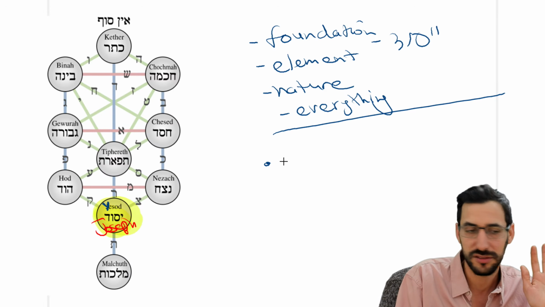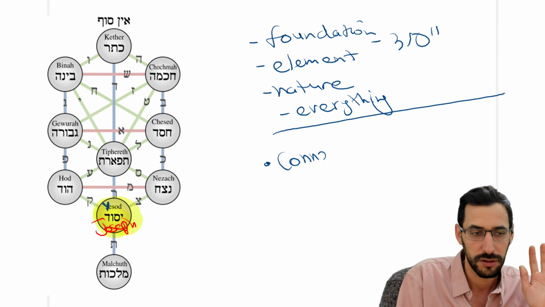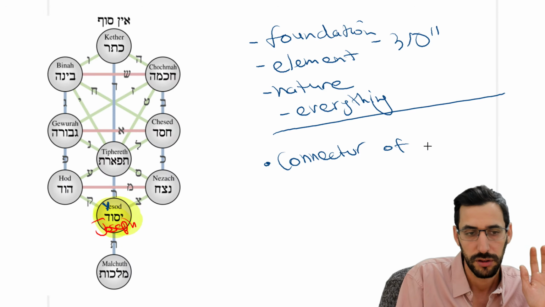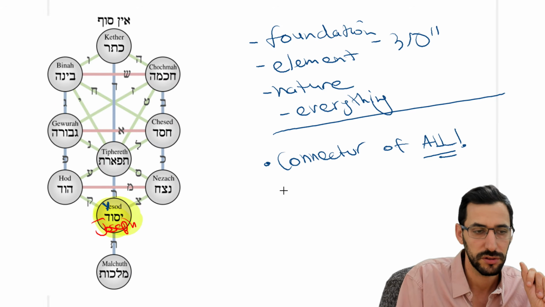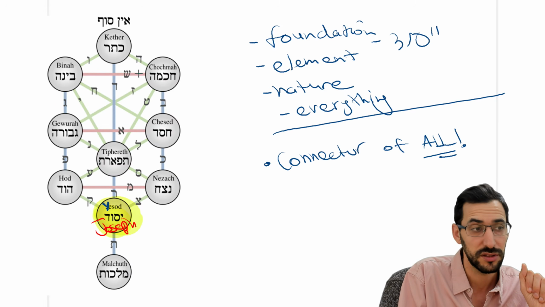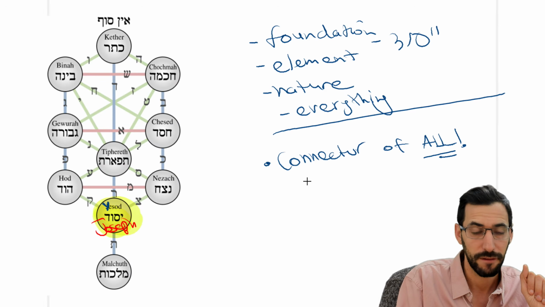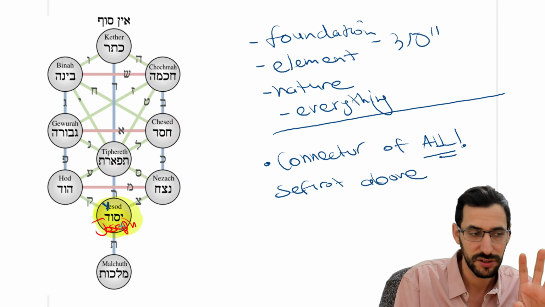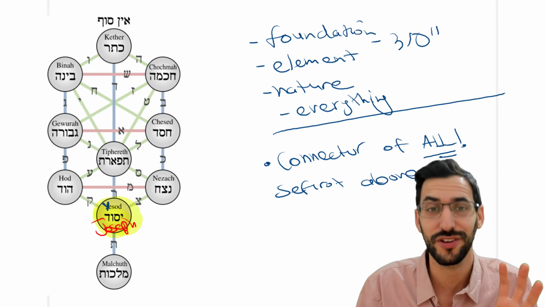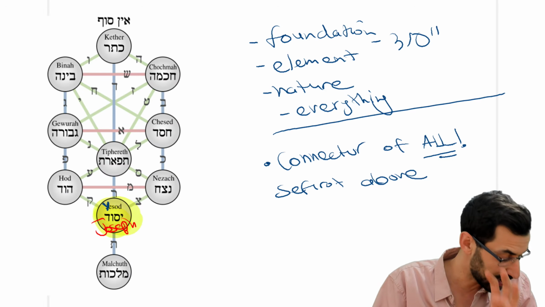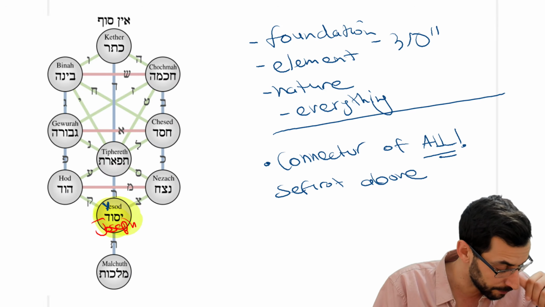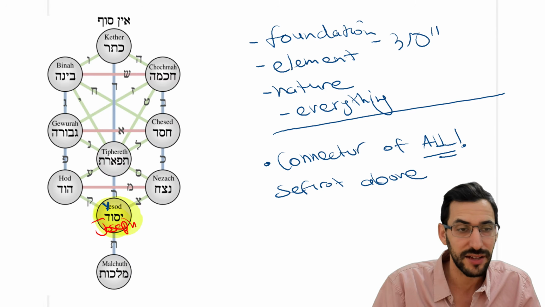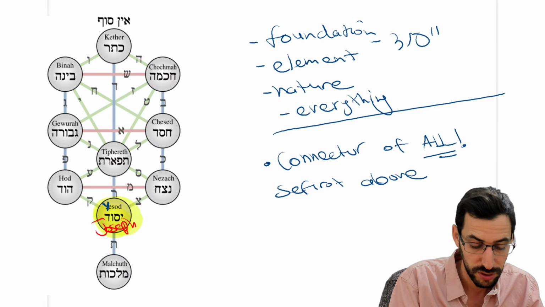And this is a really important quality. Of all the Sefirot above it, that is. We'll soon see how it connects to Malchut. It kind of does a service, you could say, to the Malchut. So it's the connector of all the Sefirot.